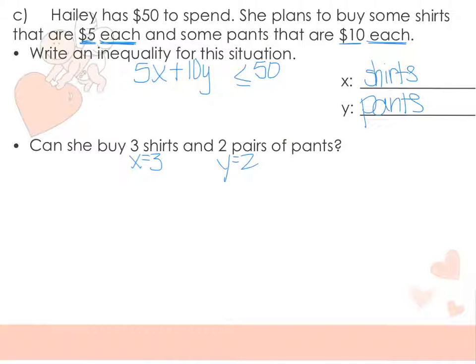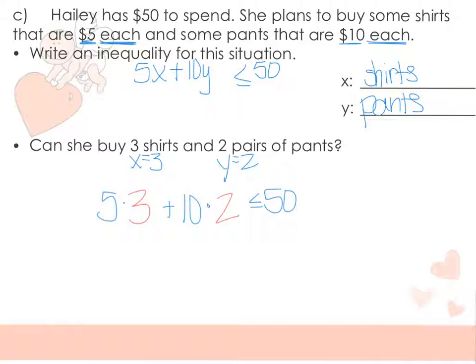So now I'm going to write that inequality that we wrote up here exactly as it is, but when I run into my letters, I'm going to put in what my letters represent. So let's start writing it. 5 times my X, which is 3, plus 10 times my Y, which is 2, less than or equal to 50. Let's go ahead and figure out what this is equal to. You can type this all into your calculator at one time right here. I'm going to break it apart a little bit more. 5 times 3 is 15, plus 10 times 2, which is 20.